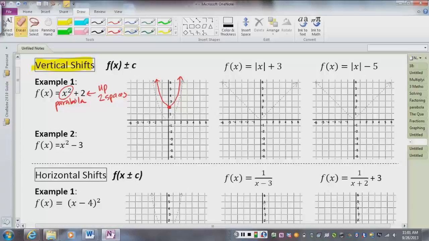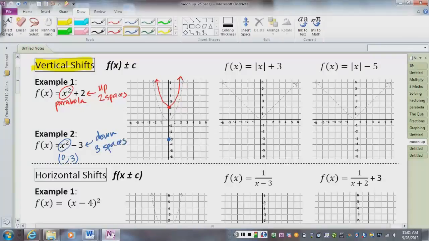For the next transformation, order of operations, say I'm going to square it and then subtract 3. Well, if I plugged in 0 for x, I would find that y is actually negative 3. This is the new location of my vertex. And what this tells me is that I'm going to be moving my parabola down 3 spaces.